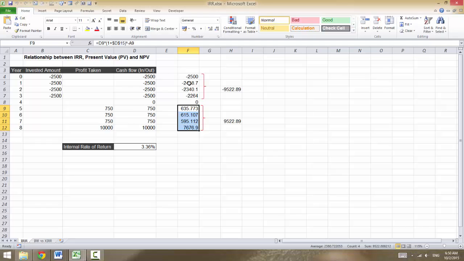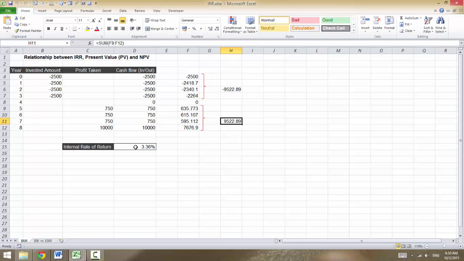Cash in, cash out. So if you do a minus, the net present value equals zero, because this minus this becomes zero. So at this point, what is the interest rate that causes this to happen?